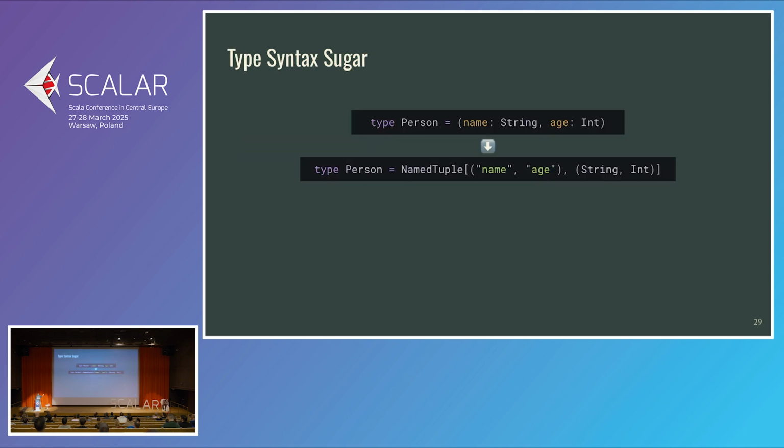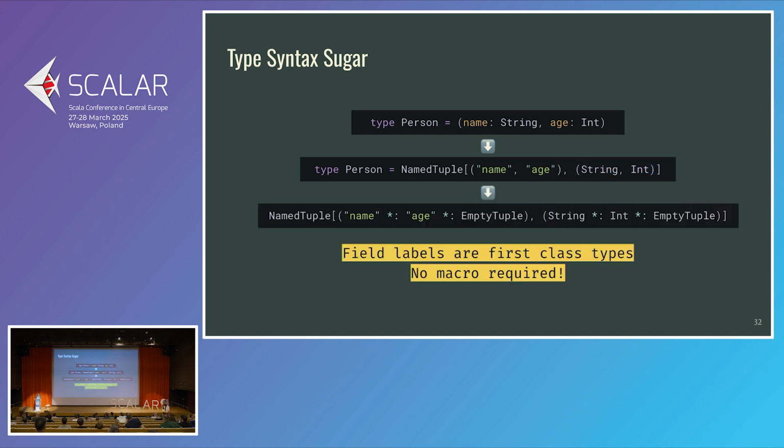But yeah, and this is what it desugars to. So the type person is actually this desugaring to NamedTuple, which is basically a pair of two tuples, a string tuple on the left, which is the labels, and the actual underlying type here. And these names are only available at compile time, so you can't access them at runtime, but there are ways around that. And yeah, this is the actual underlying type, so it really is just a tuple with some labels added at compile time.